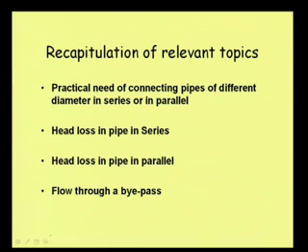We were studying the practical need of connecting pipes of different diameters in series and in parallel. We discussed how we calculate the head loss in pipes in series, and then how we calculate the head loss in pipes when they are in parallel. We also noted that parallel does not mean the pipes should be physically parallel, but that the concept of connection is parallel.